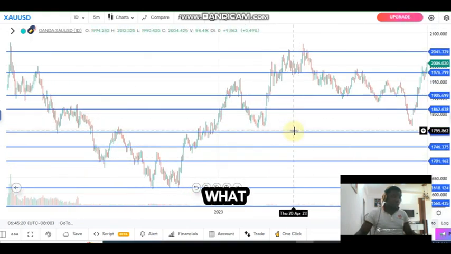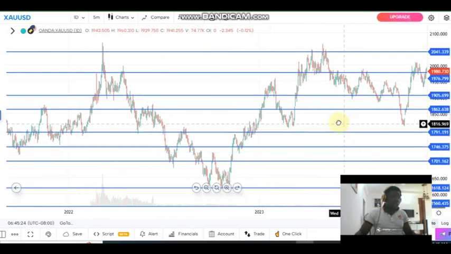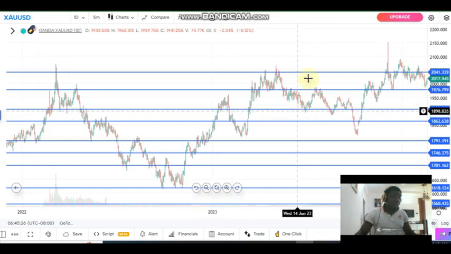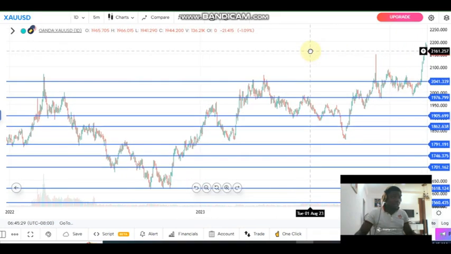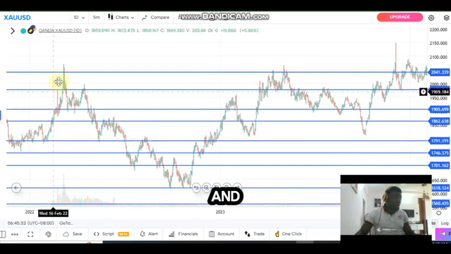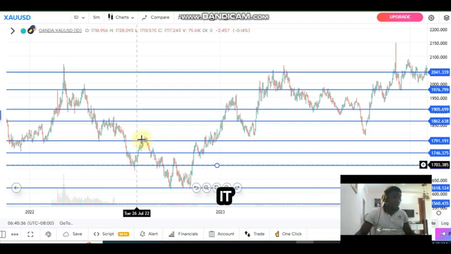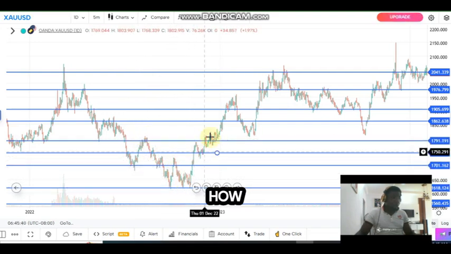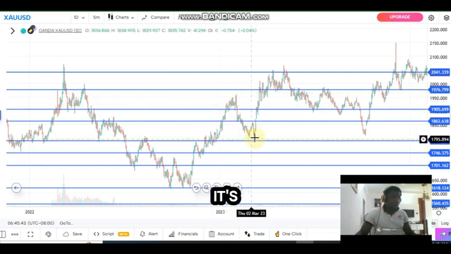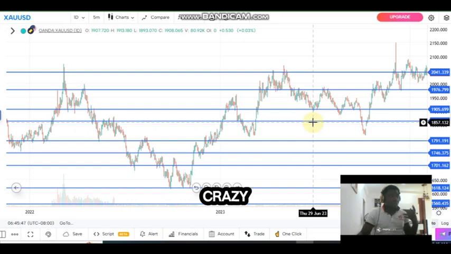Did you notice how price actually maintained and respected those lines? Look at it. Some of those lines that we've drawn. Look at how it works like crazy. It works. Now it is not just about the lines, it is the zones.